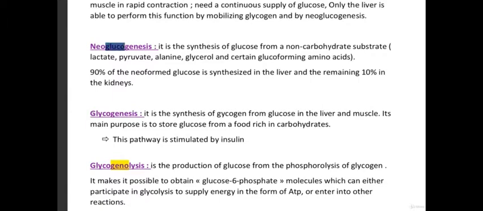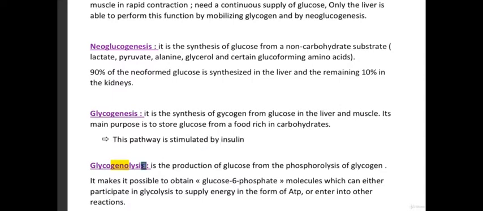When we are talking about glycogen, we use glyco. Well, what is glycogen? Glycogen is a long chain of linked glucose which forms when the body has extra glucose. So it stores it in the liver and the muscles through the glycogenesis reaction. This pathway is stimulated by insulin.